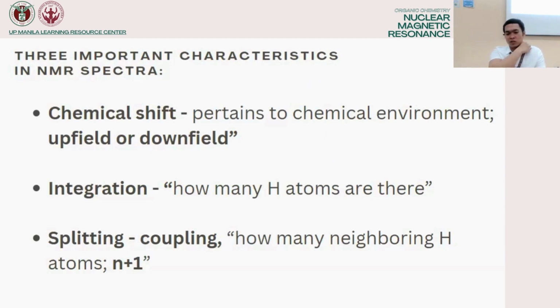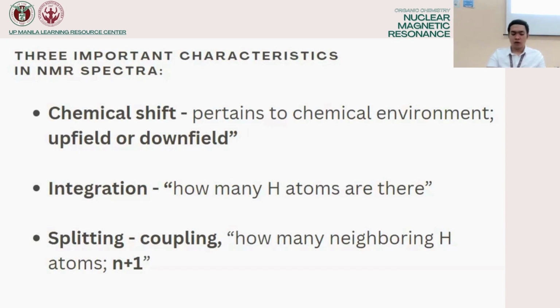It pertains to chemical environment. Yan yung tinatawag nating upfield or downfield. Integration, how many atoms are there sa signal? Splitting or coupling, how many neighboring H atoms are there?